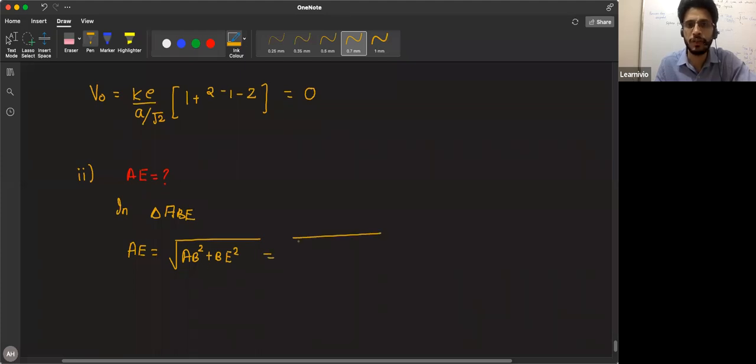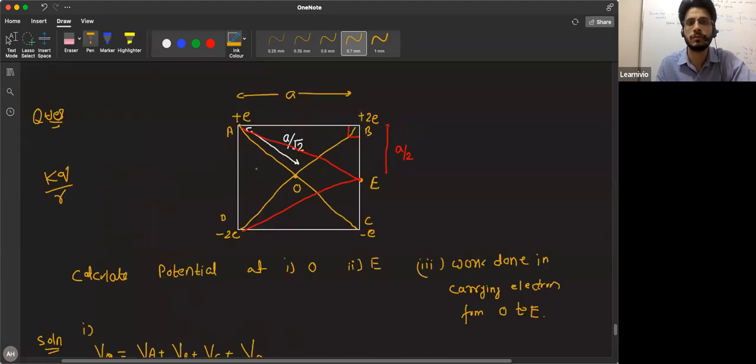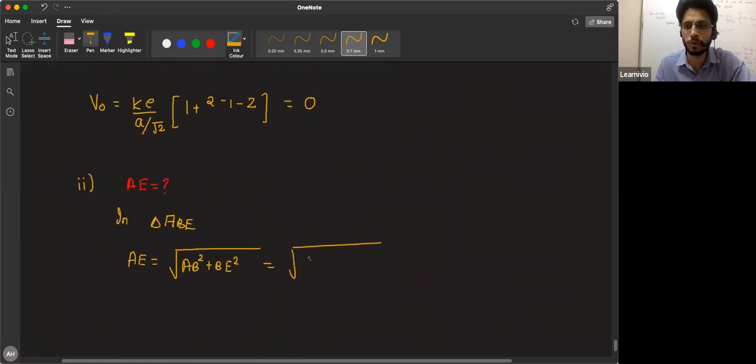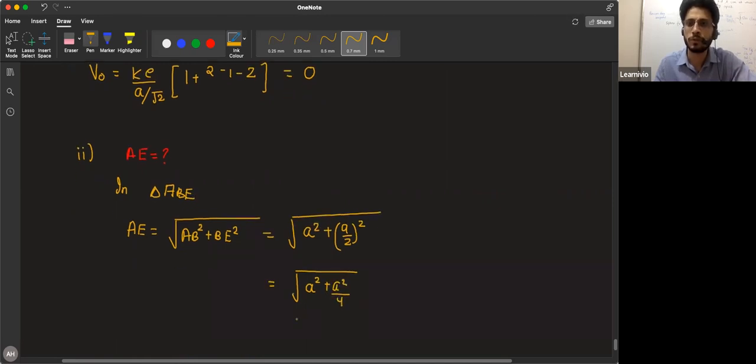So how much is AB? AB is A, BE is A by 2. So that is root over A square plus A by 2 whole square. When you solve it, it comes out to be A square plus A square by 4, so root over 5A square divided by 4.